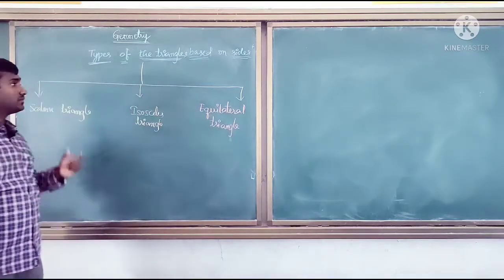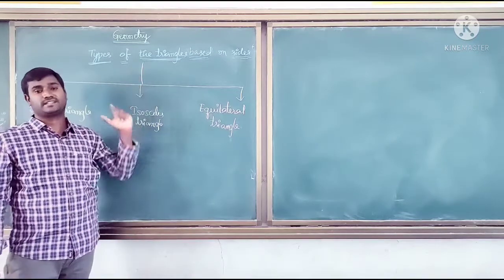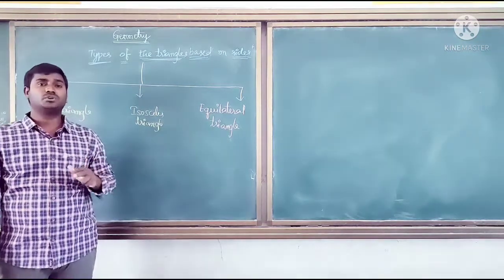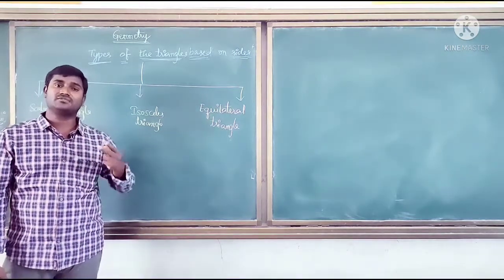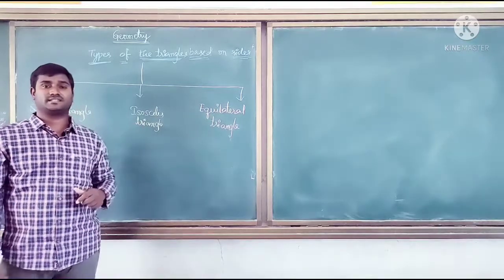How many types of triangles do we have based on the sides? Three types. The first one is the scalene triangle. In a triangle, if no two sides are equal, it is called a scalene triangle.